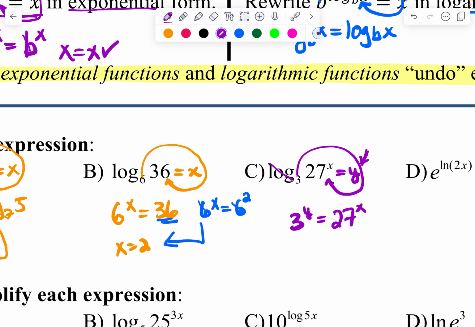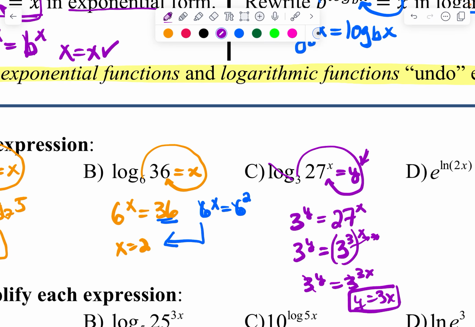I'm trying to solve for whatever I set it equal to. I need to get this y by itself. So I have 3 to the y equals 27 is really 3 to the third raised to an x. A power to a power is multiply. So this becomes 3 to the y equals 3 to the 3x. Same bases. So y equals 3x, and I'm done.